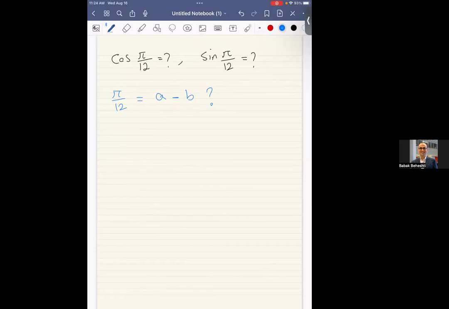But there is another way. How about pi over 3 minus pi over 4? Does it make sense? Because what is 1 over 3 minus 1 over 4? 1 over 3 is bigger than 1 over 4, so it should be positive.